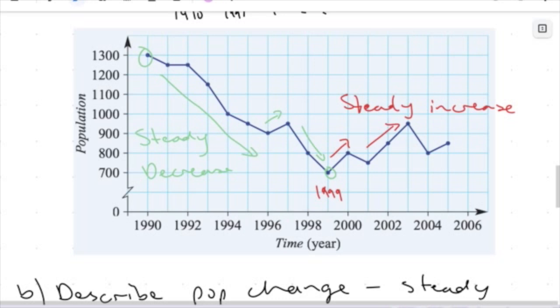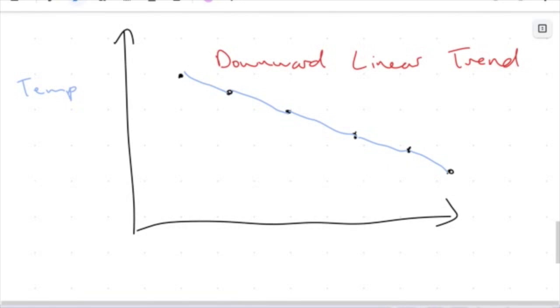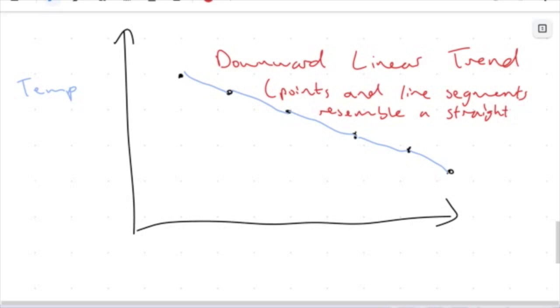It's far too all over the place. When our points and line segments resemble roughly a straight line, this is when we can say something is a linear trend.